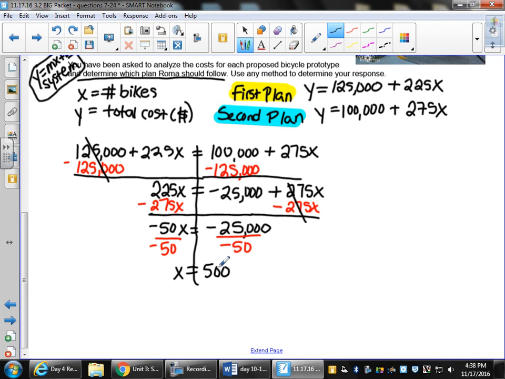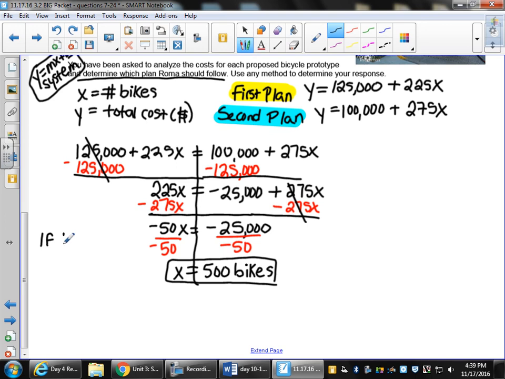Question of the day, 500 what? Go back to your variables. X represents the bikes. So X equals 500 bikes. What does this mean? It is when these plans are equal, when the first plan equals the second plan.